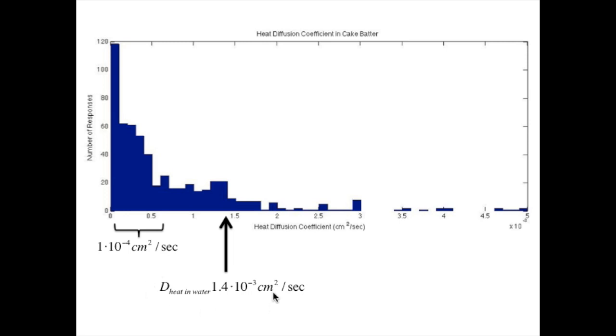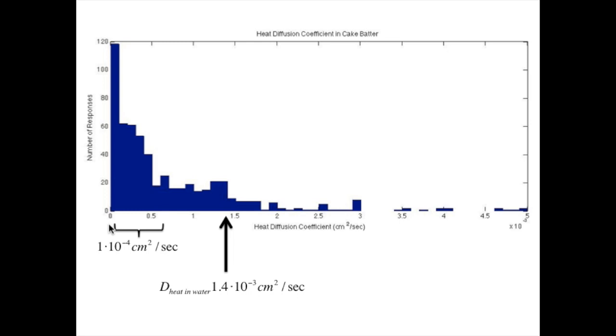So here is what we called out as the expected heat diffusion coefficient. This is the heat diffusion coefficient in water, 1.4 times 10 to the negative 3 centimeters squared per second. And as you can see, first of all, we have a little bit of a spread, which of course could be due to all kinds of reasons.